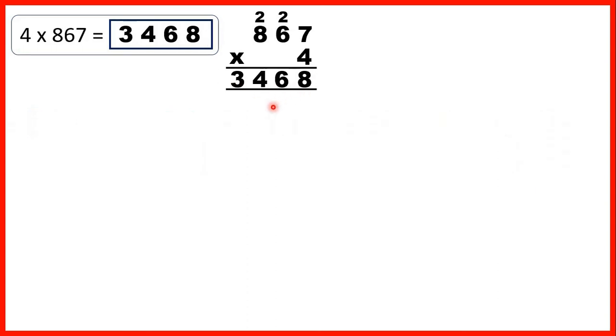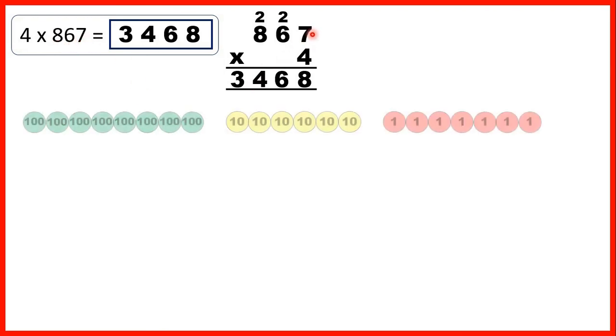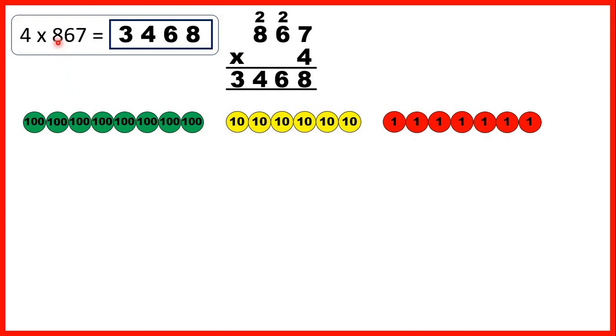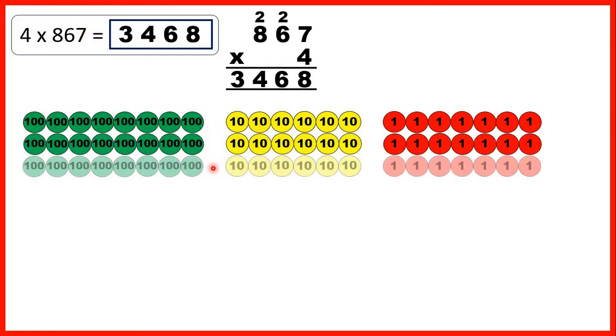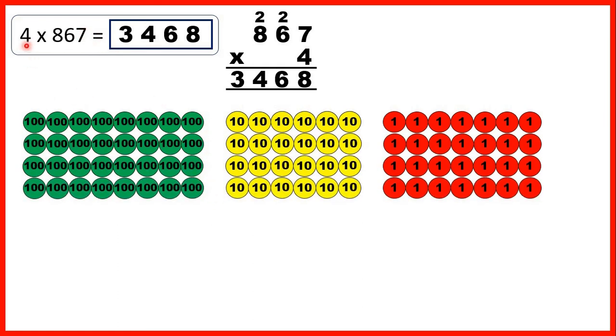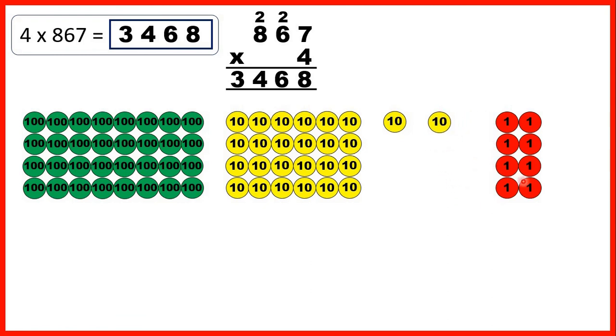Now our last question was 4 times 867, but with multiplication, order doesn't matter, so we can show 8 hundreds, 6 tens, and 7 ones, and we can show that 4 times, because 4 is the other number in our multiplication. We can regroup 28 ones into 2 tens and 8 ones.